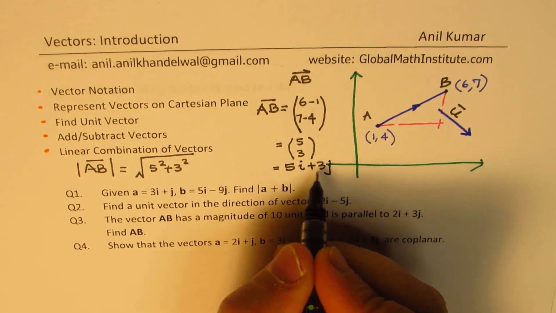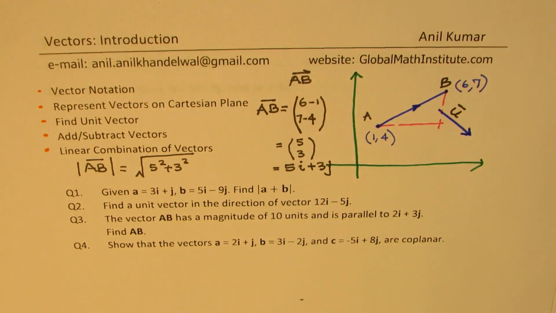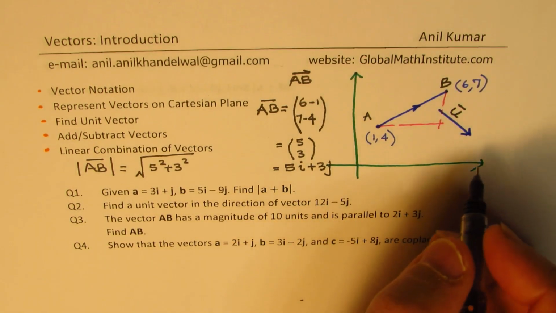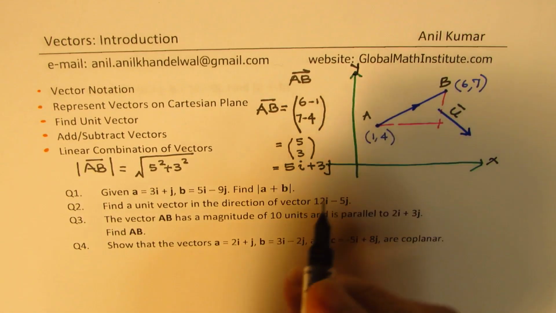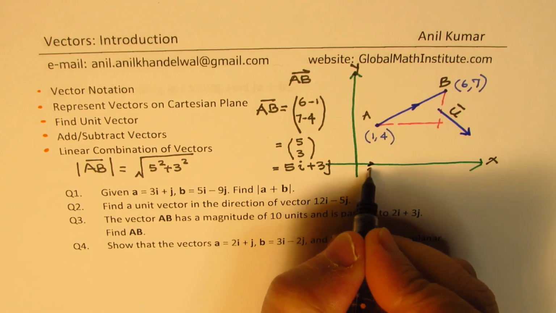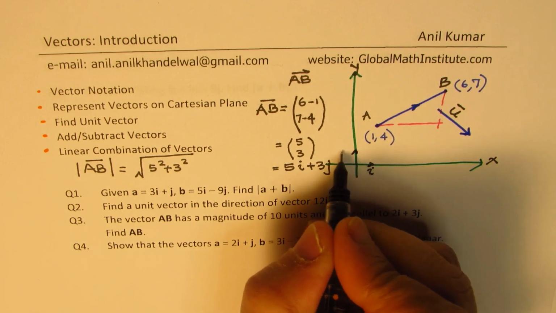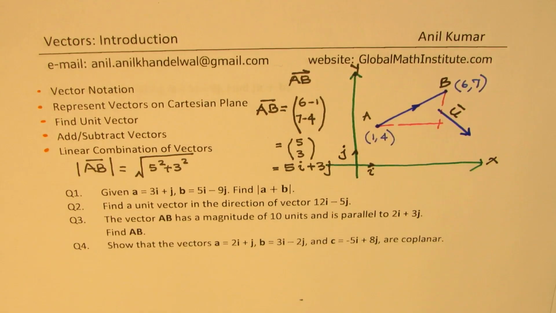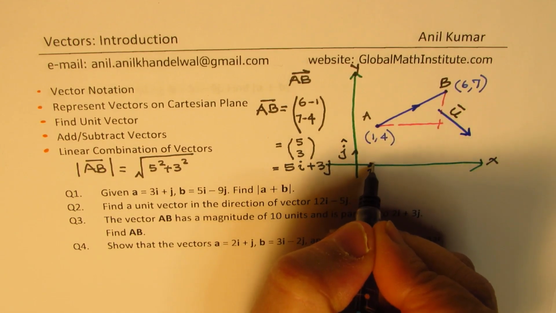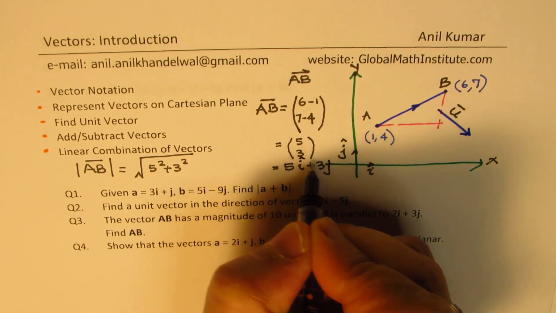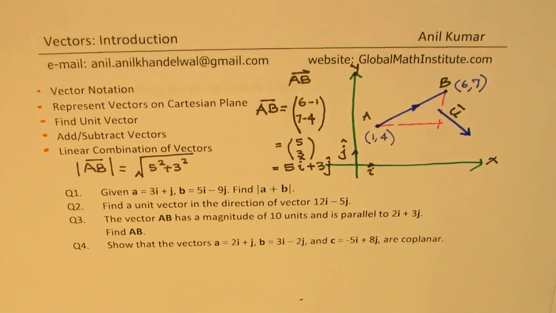So that becomes the vector representation in Cartesian plane. i and j are the unit vectors in the direction of x and y, correct? So this is a unit vector i, and that is the unit vector j for us. You get an idea, right? Unit vectors we also represent with a cap on the top, right? So on writing, we could also write like this.